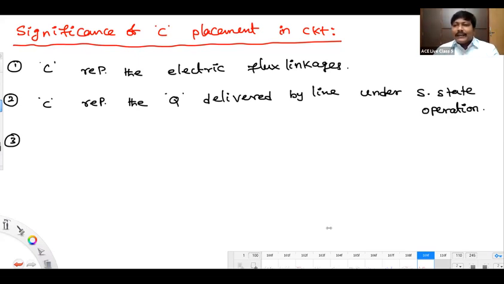Rate of change of electric flux linkage will be current. That current we are going to name as charging current. So I can say capacitance represents the charging current value.